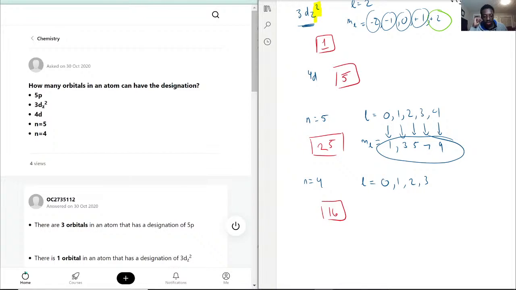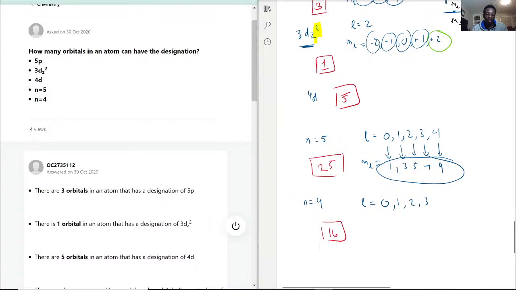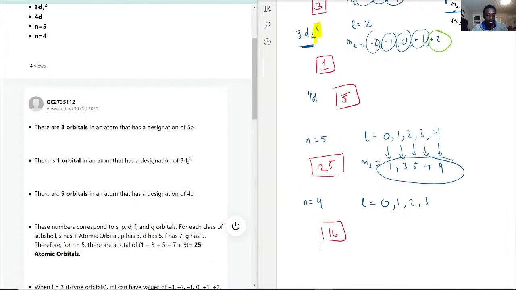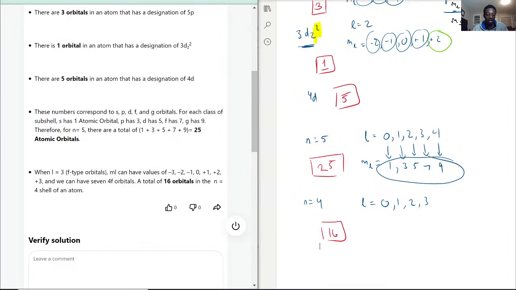And just to make sure my math is correct, we have 1, 3, 5, 7. Yes, exactly. So we have 1, 3, 5, 25, and 16 possible orbitals. So 3, 1, 5, perfect. And then 25: 1, 3, 5, 7, 9. And this would be 16. And this is correct.